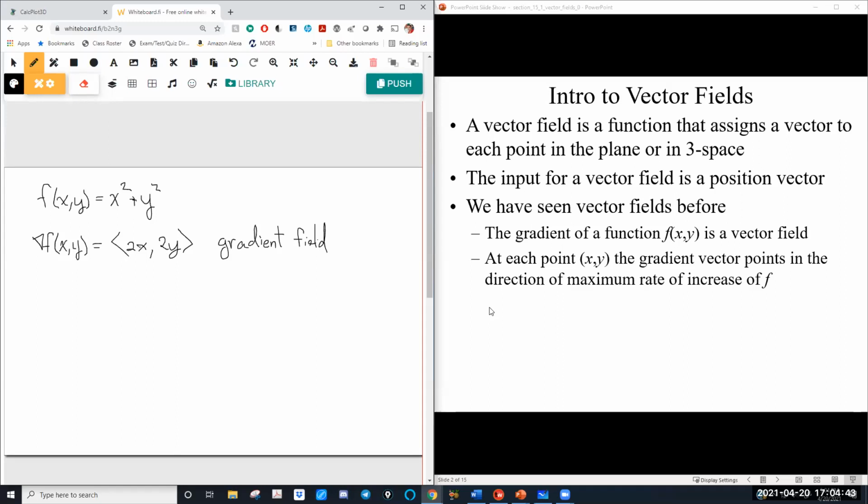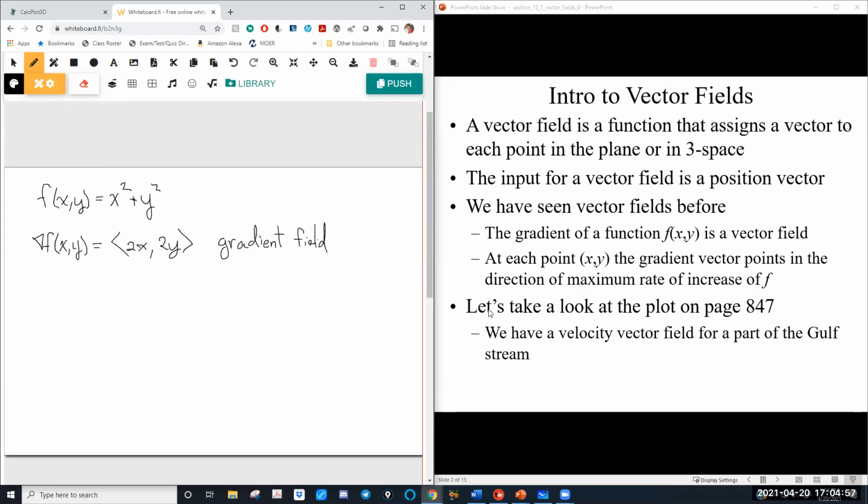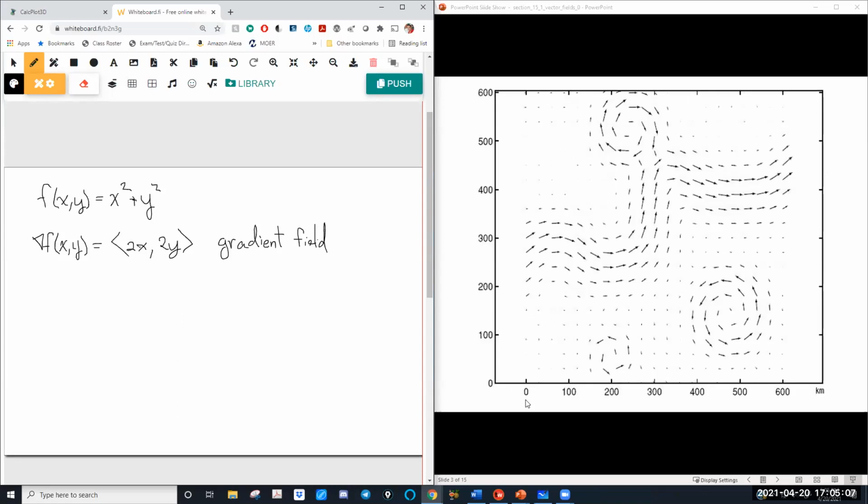So when we have a gradient field, basically what's happening is when we have each gradient at a point, that is our vector field, because really what we have is a vector at each point. So don't worry about the page, but here's a velocity vector field of the Gulf Stream, because what's happening is each vector shows the velocity of the current at that point.